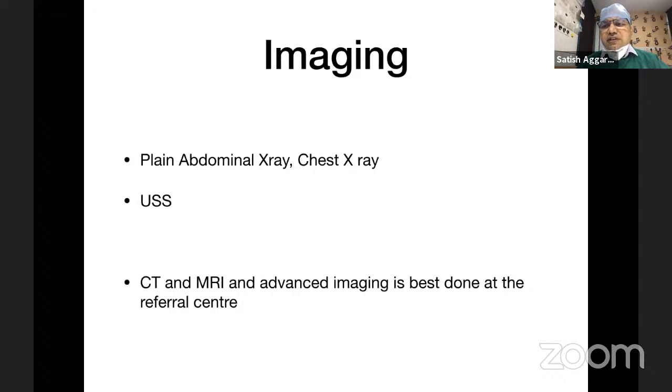Now, generally there's a tendency to order a CT scan or an MRI to delineate better anatomical features.